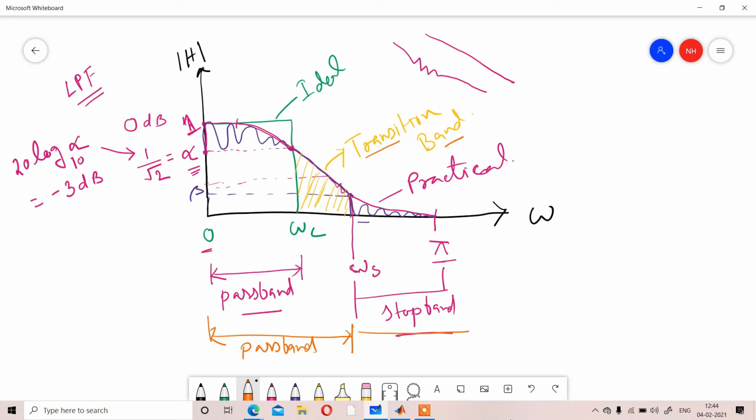Okay, so these are the characteristics of a filter. Whenever you design, you have to keep them in mind. Up to that, if you have any question, you can ask me.